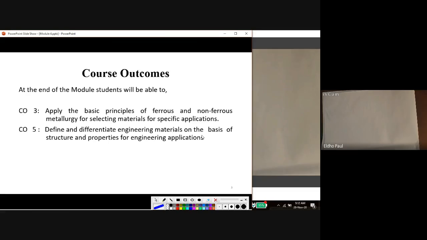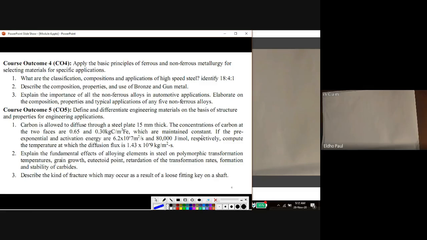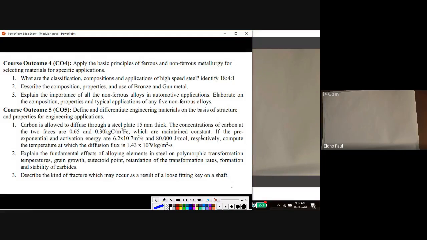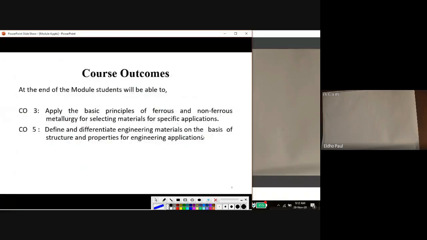So these two outcomes can be developed by studying this module. Sorry, this is CO number 3, and CO number 3 and 5, not CO number 4. You can read CO number 3 and 5 in your syllabus.